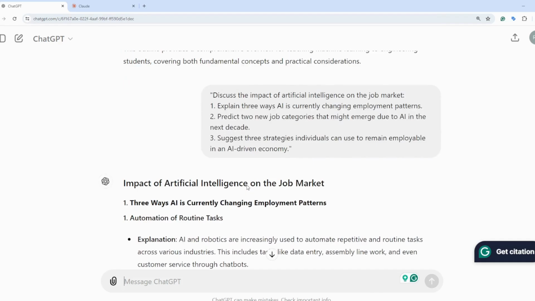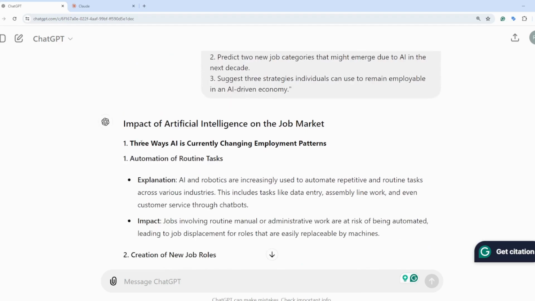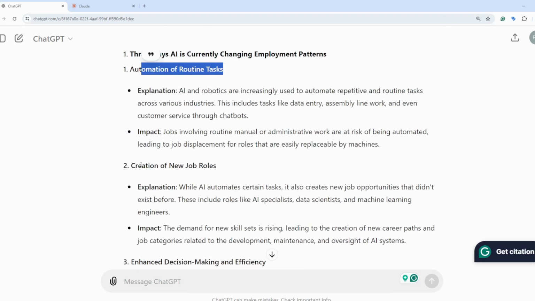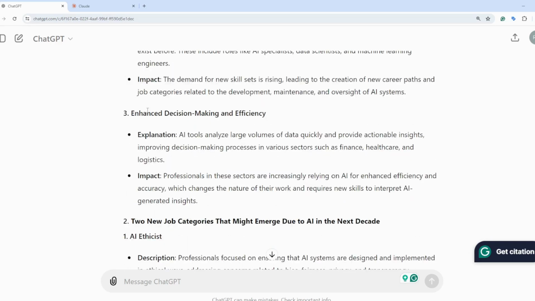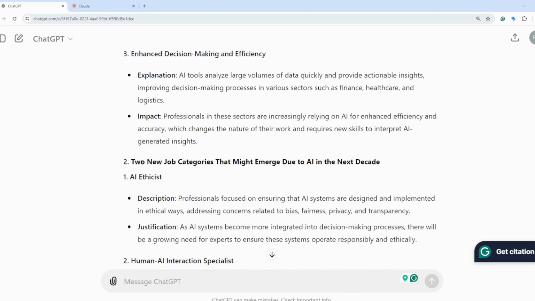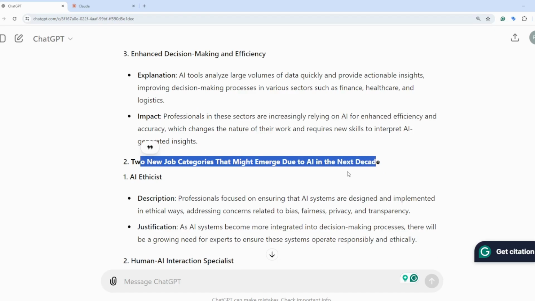Okay, we were talking about 3 ways, right? These are the 3 ways AI is changing employment patterns: automation of routine tasks, creation of new job roles. And the second, 2 new job categories that might emerge due to AI in the next decade.